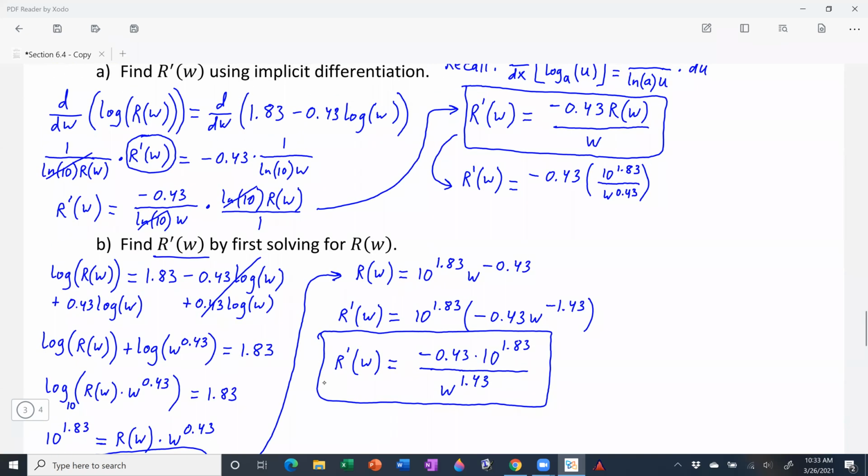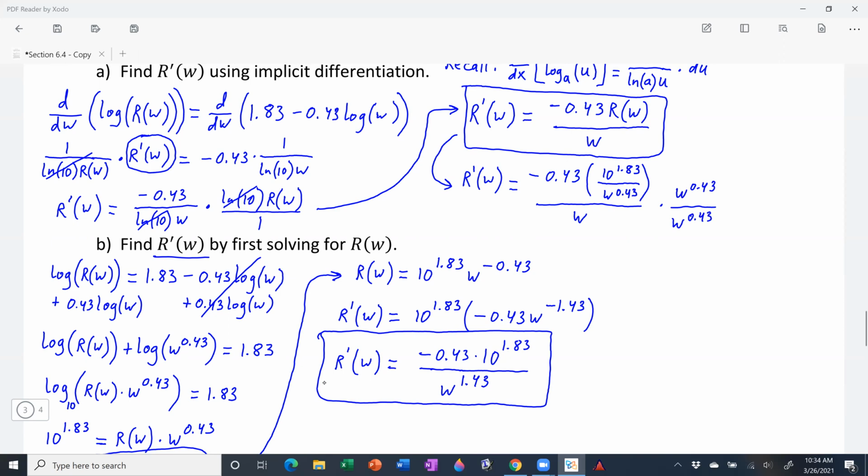Okay, so that is R of W that we solved for earlier, and then this is all over W. Let's clean this up a little bit because now we've got a fraction inside of a fraction, so remember that we usually clear that by multiplying the numerator and the denominator by that denominator.